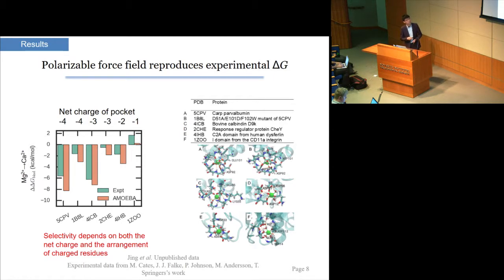For this 2C3 protein, which is the chemotaxis protein, the carboxylic groups are clustered together so that they cannot be closely bound to the metal ion. So it is very different from the other proteins.